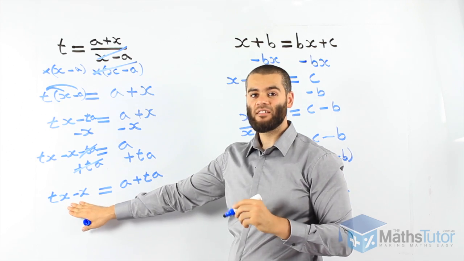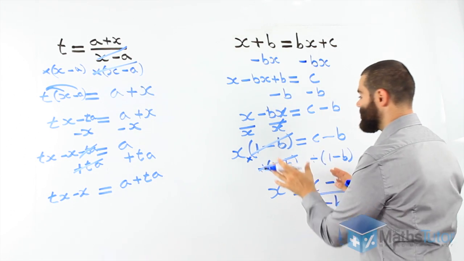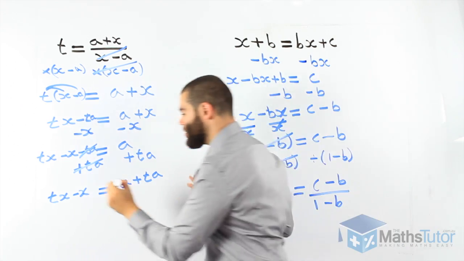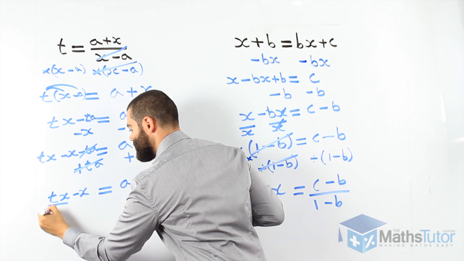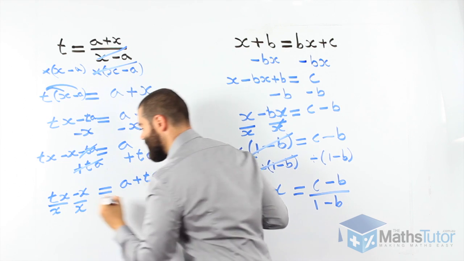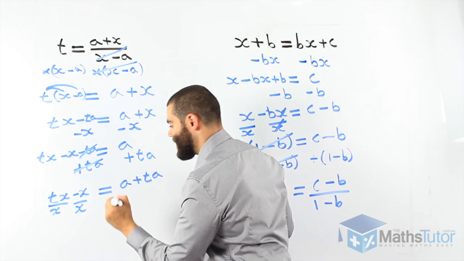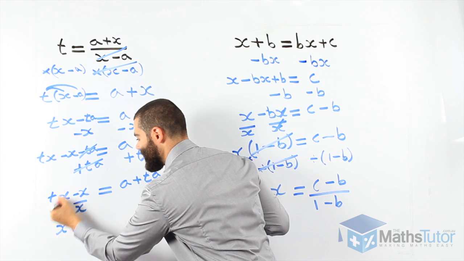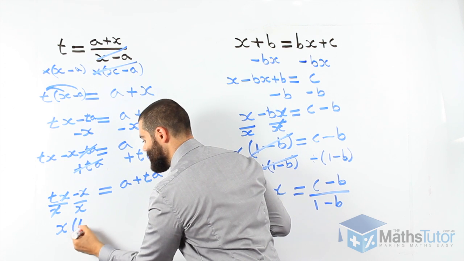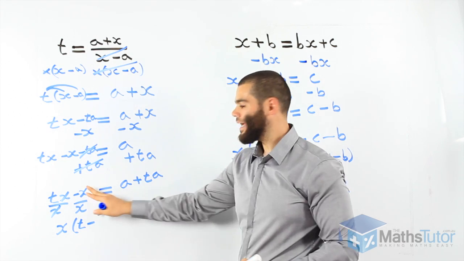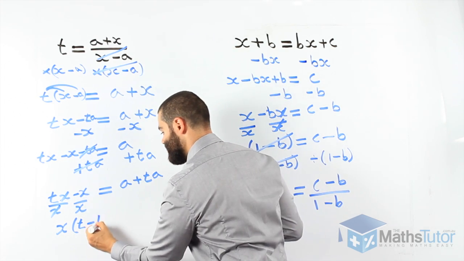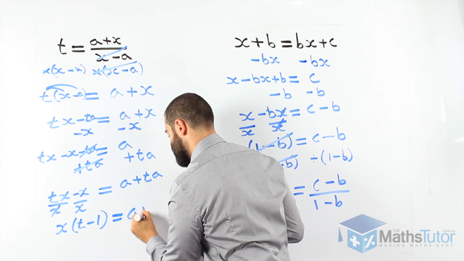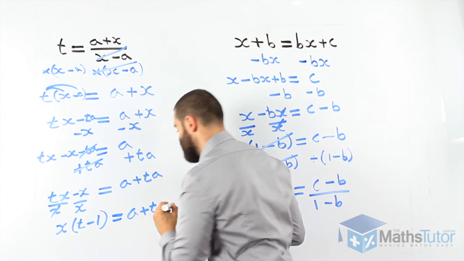What do we do now? What do you remember? The same way we factorized, we have to factorize there as well. So divide by x, divide by x. So we're left with x bracket, because they cancel out, t minus x divided by x is 1, equals a plus ta.